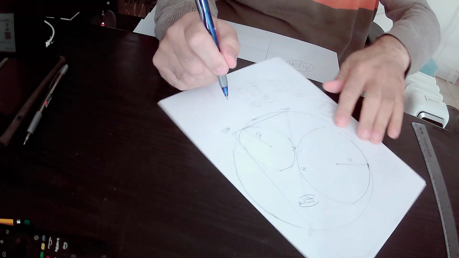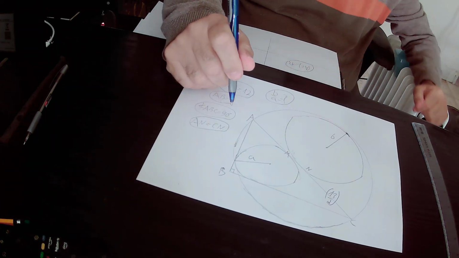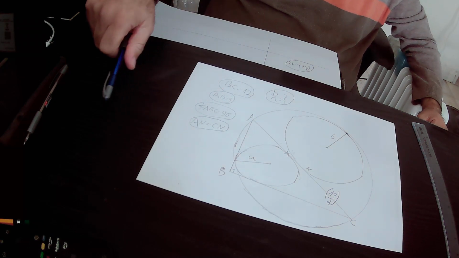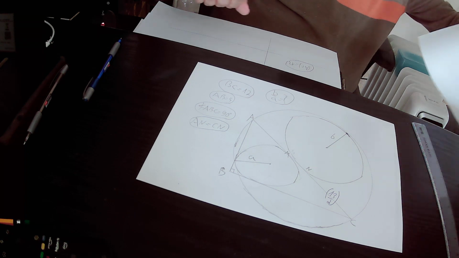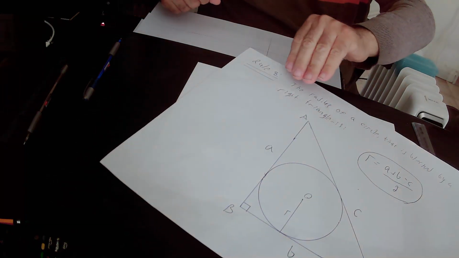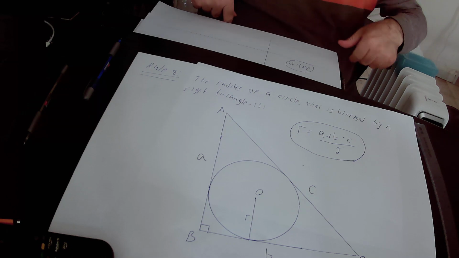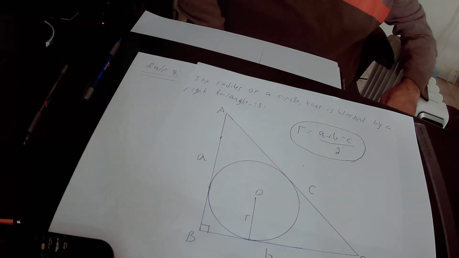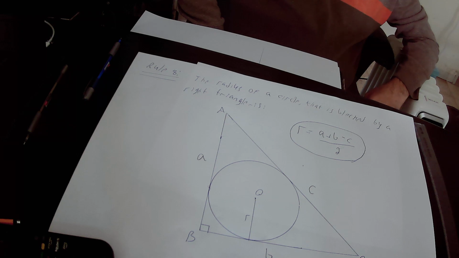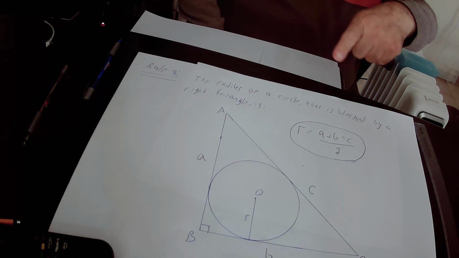In the next step, I present to you a new rule and implement the new rule in our drawing. According to rule number 8, the radius of a circle that is blocked by a right triangle is equal to R equals A plus B minus C over 2.